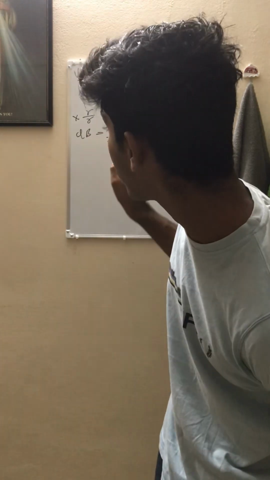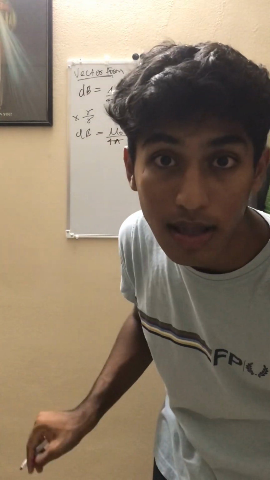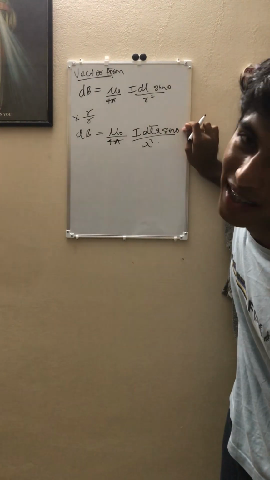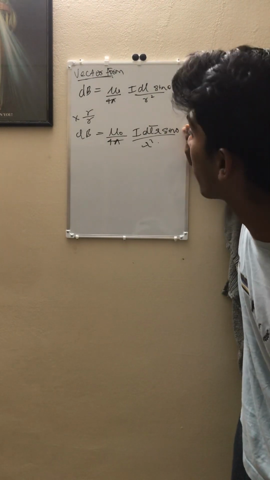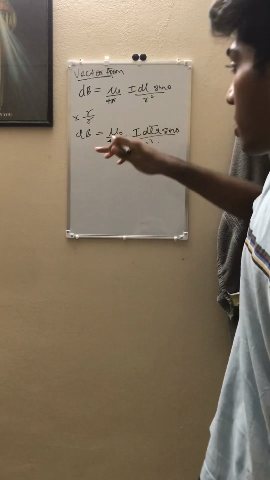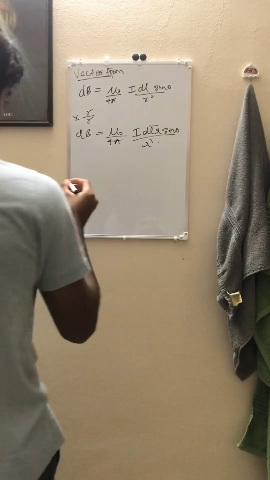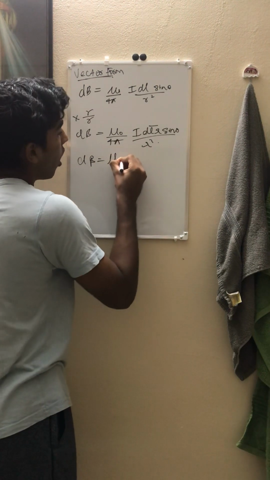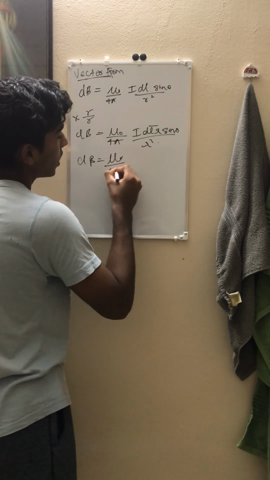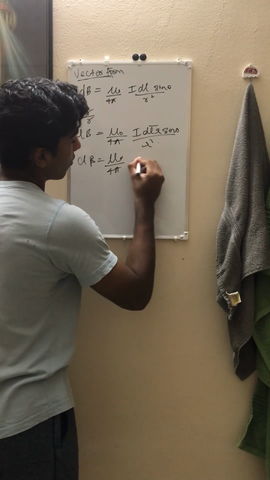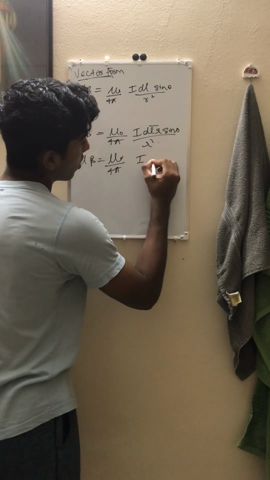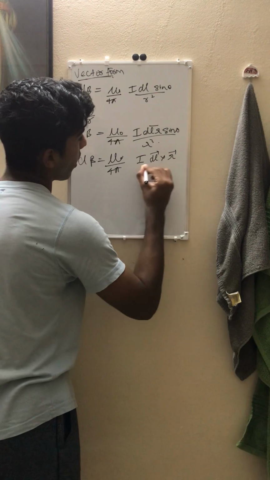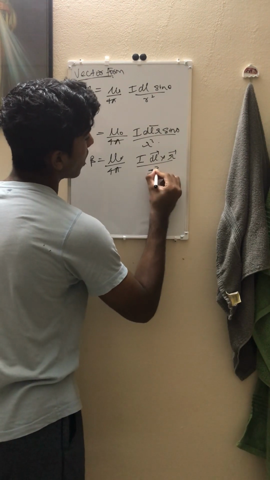So you're going to write it dl cross r. Just remember that I multiplied by r, so obviously r is going to come here. It's going to be the last one coming because these were already there. So obviously it will become dl cross r. So this will be our first representation of Biot-Savart law in vector form: dl cross r, and that will be over r cube, not r square.